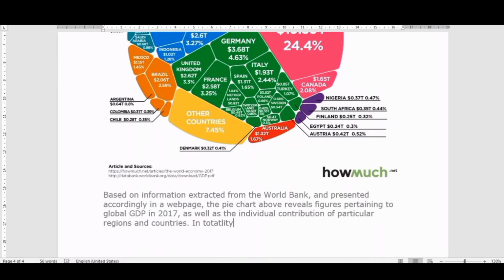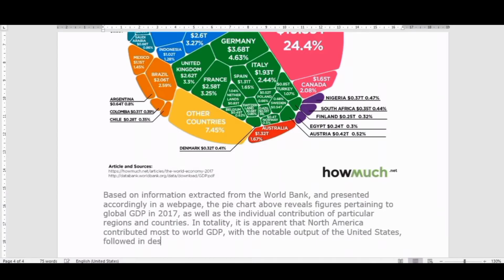In totality, it is apparent that North America contributed most to world GDP, with the notable outputs of the United States, and then followed in descending order by Asia, attributed largely to the figures from China.